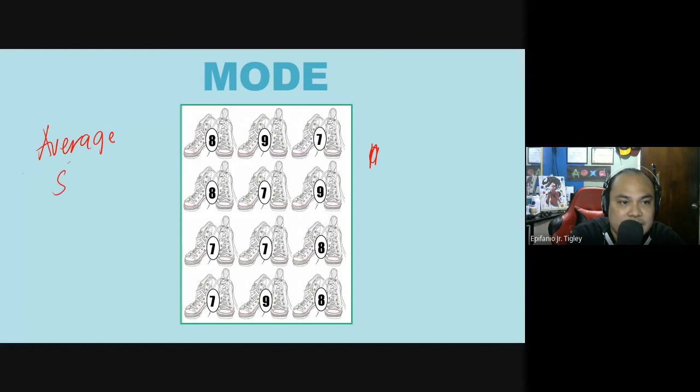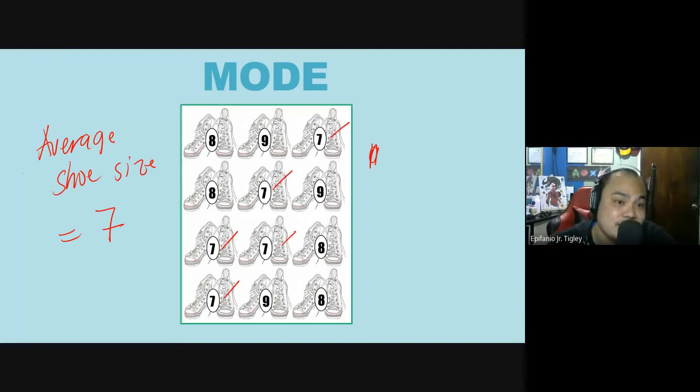Average shoe size is 7. Nga naman, 1, 2, 3, 4, 5. Siya may daghan nga nahalin. So, I will be using the shoe size 7 as my mode because it is simply the most saleable shoe size in a department store. Okay? So there you go.